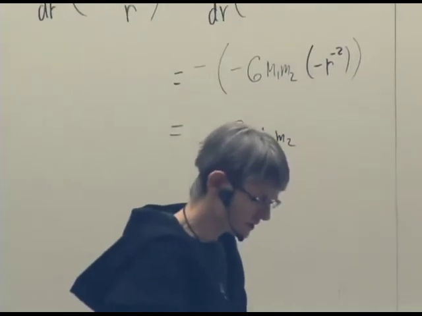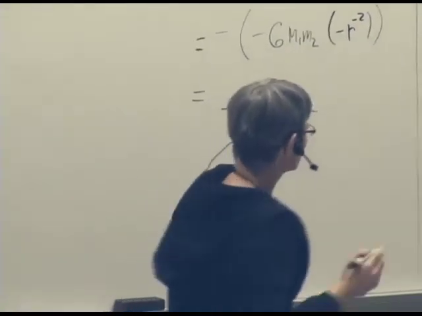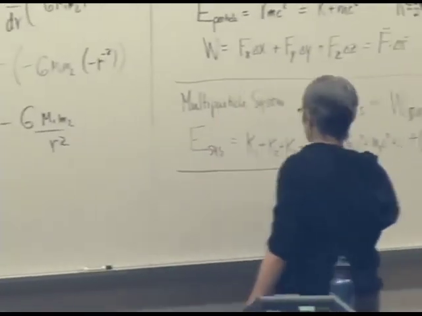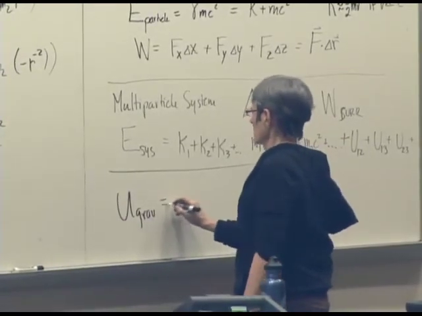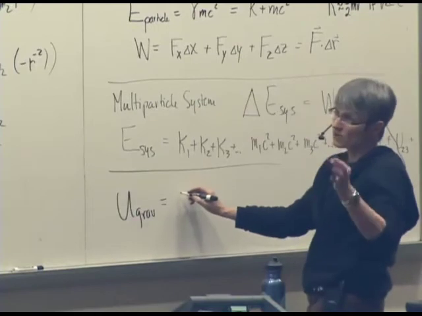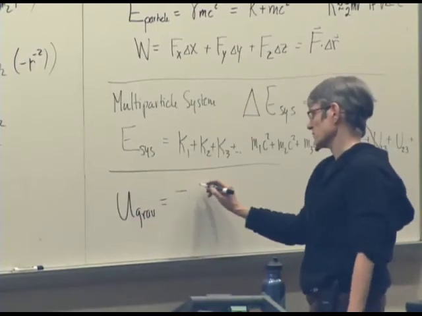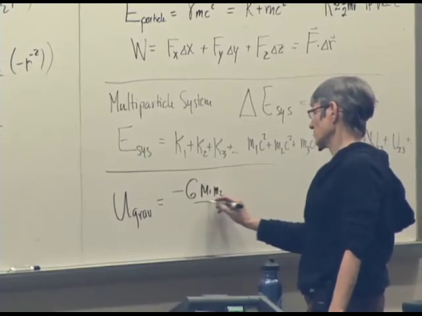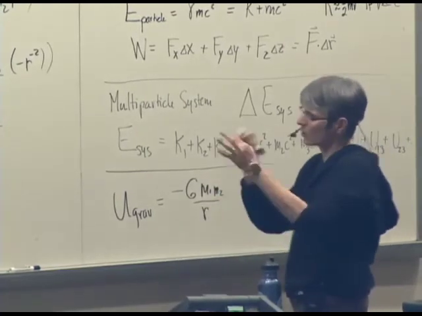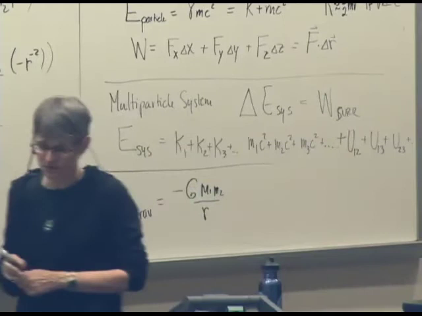So it looks like the gravitational potential energy for two interacting objects, we can write it as a function of position. It's minus G M1 M2 over r, where r is the separation between them.